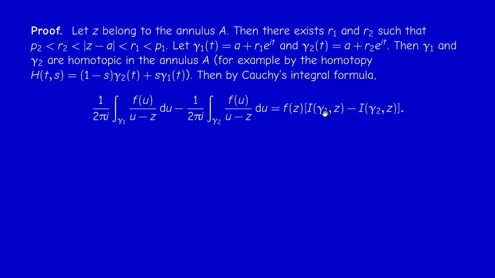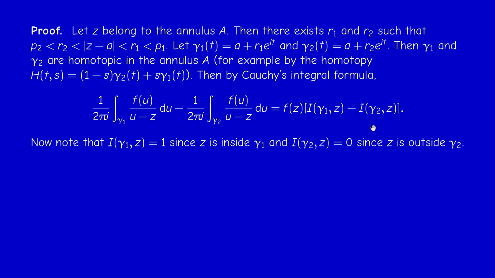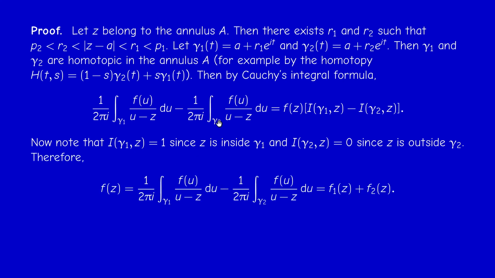Therefore this is 1 and this is 0, and therefore this is just f of z. So f of z is actually the difference of these two integrals.